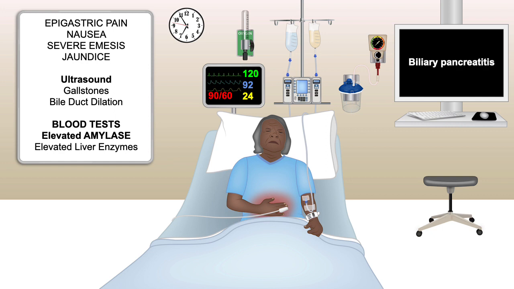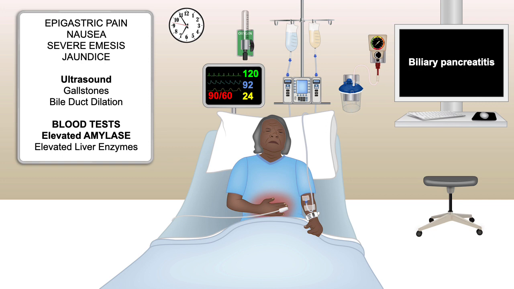So we've learned a lot about gallstones. Majority of the gallstones do not cause symptoms, do not cause any trouble. When they block the cystic duct and they fall back, that can lead to biliary colic. And if they block the cystic duct and do not fall back and lead to inflammation of the gallbladder, that is acute cholecystitis.